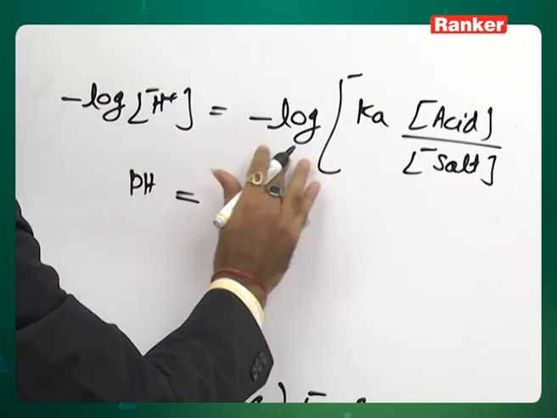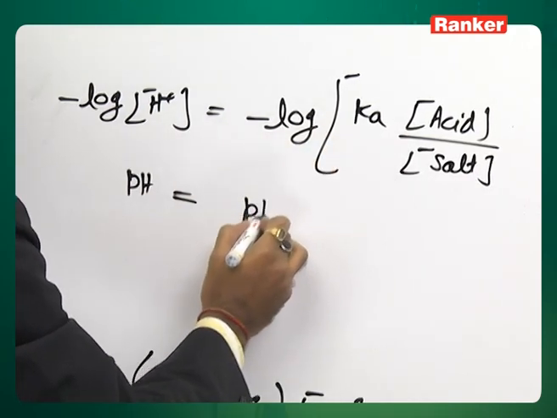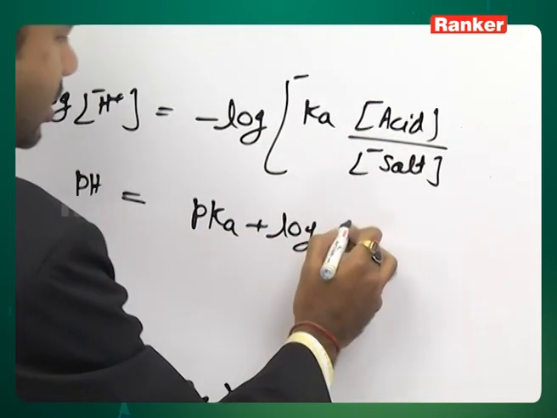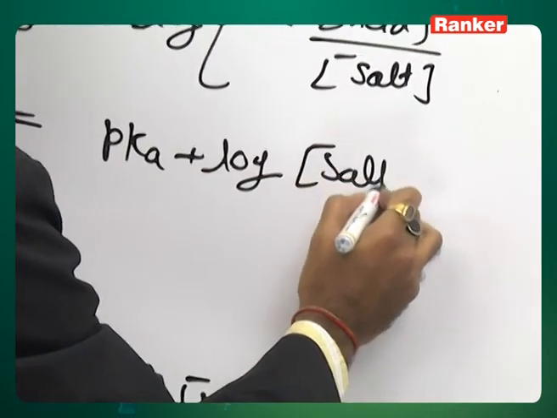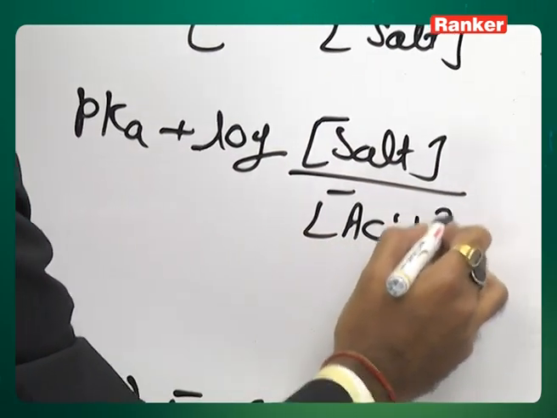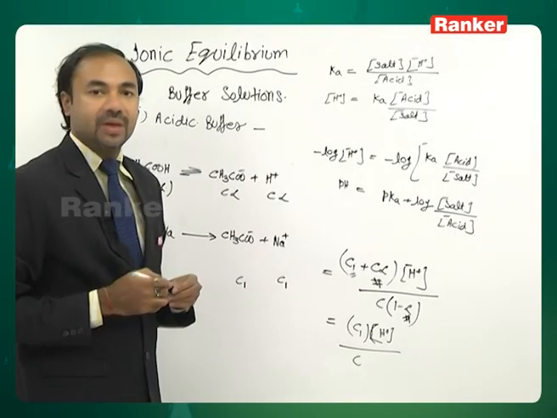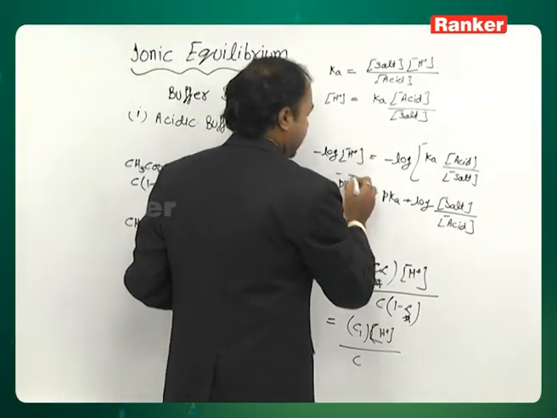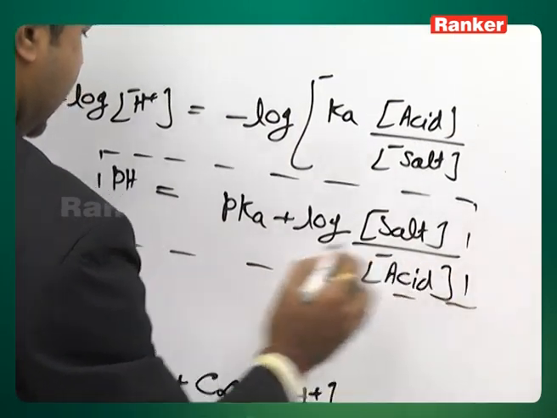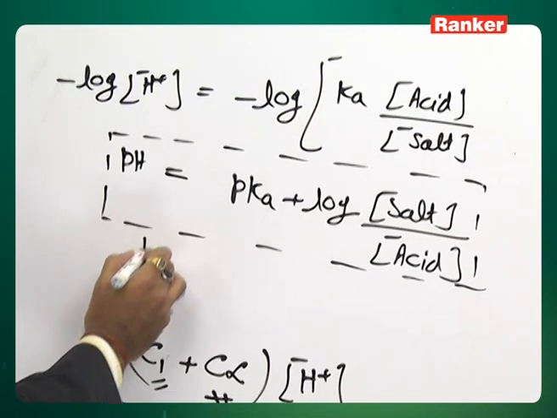This becomes pKa, and we get plus log of concentration of salt by acid. This equation is one important equation, and this is known as the Henderson equation.